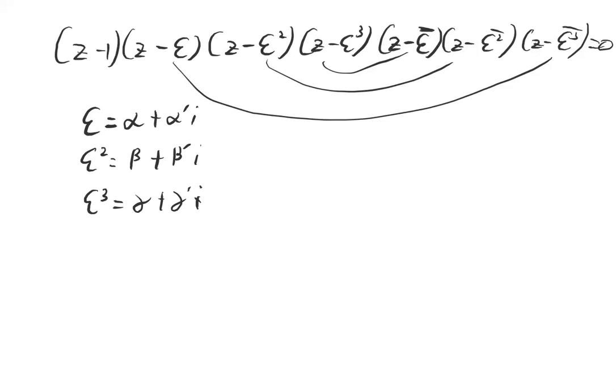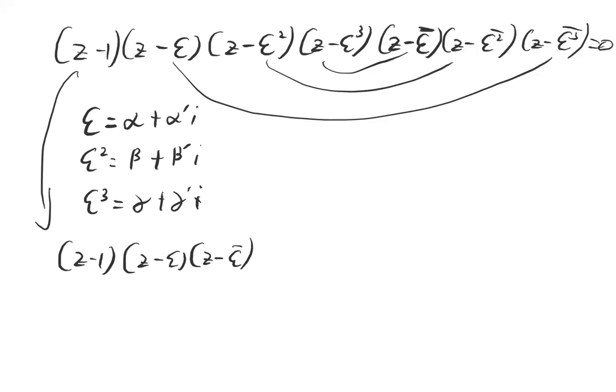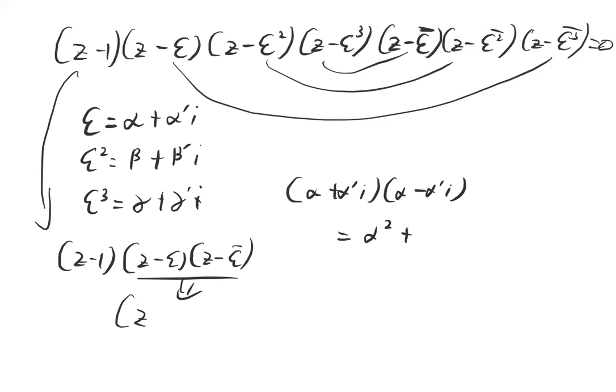And if we do this, then we can change this equation to, we group the conjugates together. We know that if we multiply the conjugates together, we get alpha plus alpha dash i times alpha minus alpha dash i, which is alpha squared plus alpha dash squared. If we add them together, the imaginary parts cancel out and the real part remains.